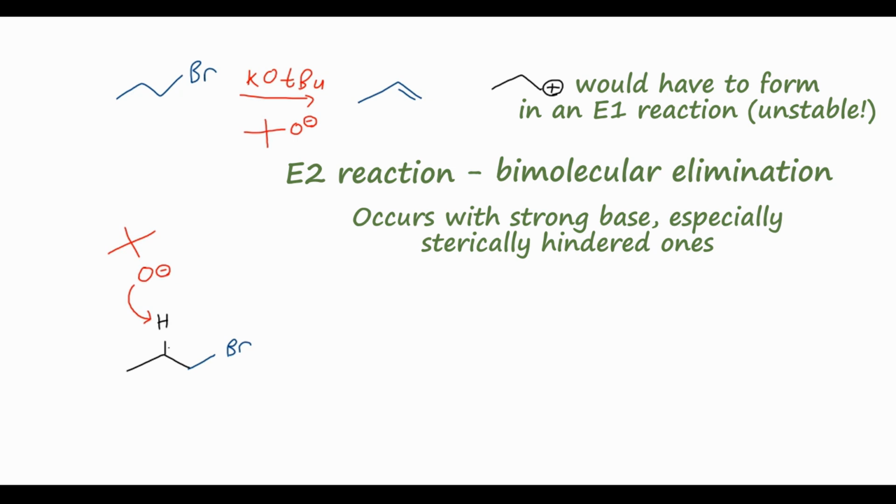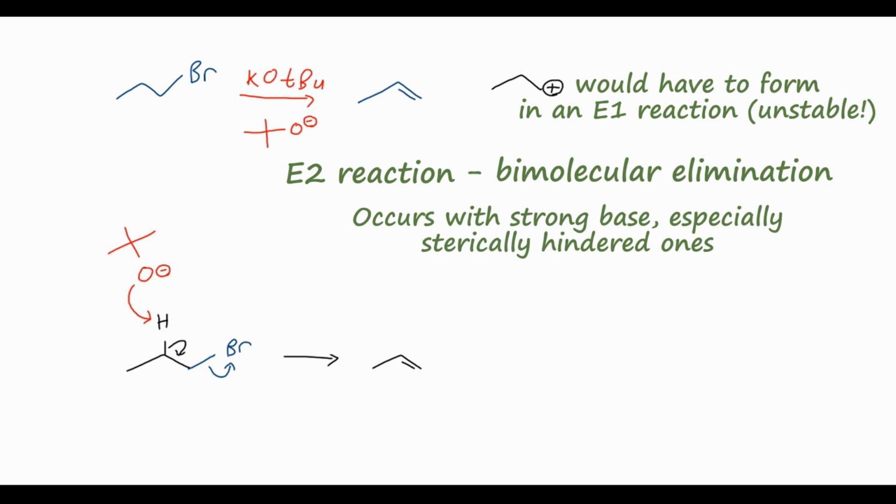This bond to the hydrogen will swing over to make that double bond just like we had in the E1 reaction. And all in the same step, the bromine leaving group will come off of the substrate, forming this propene alkene product in the end.